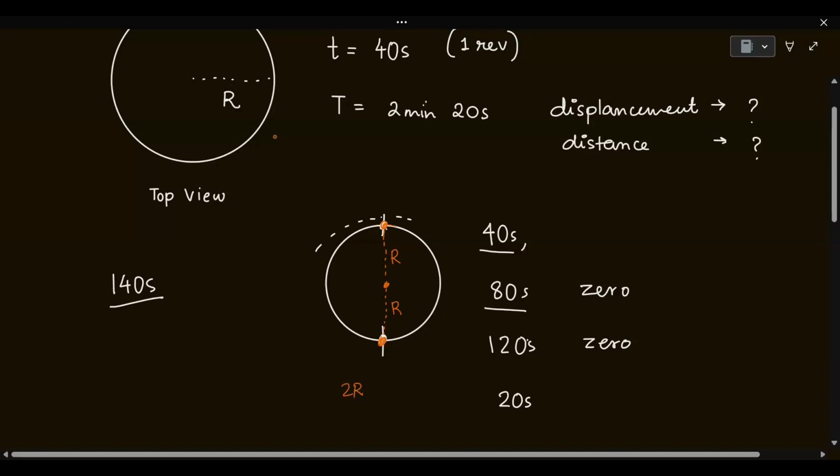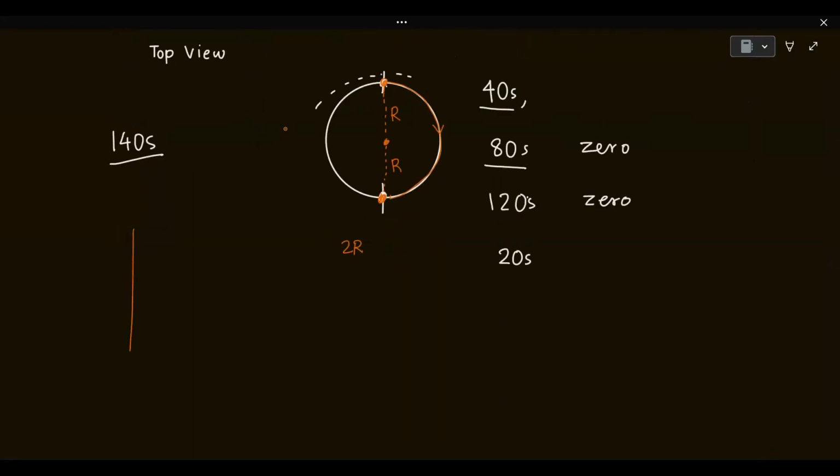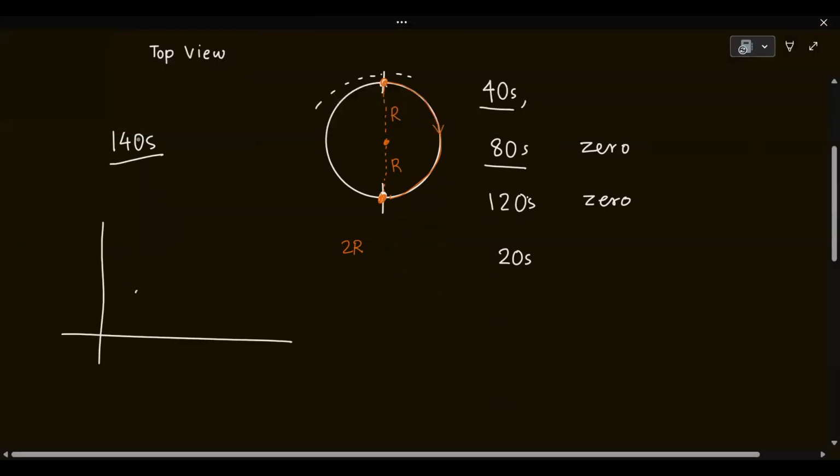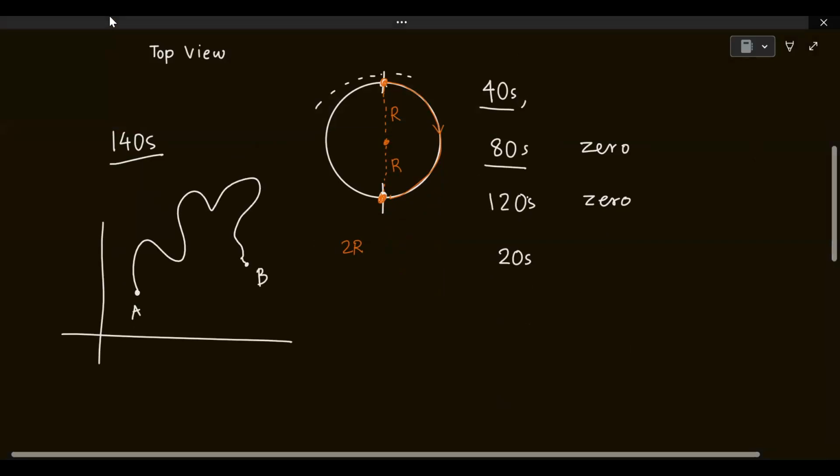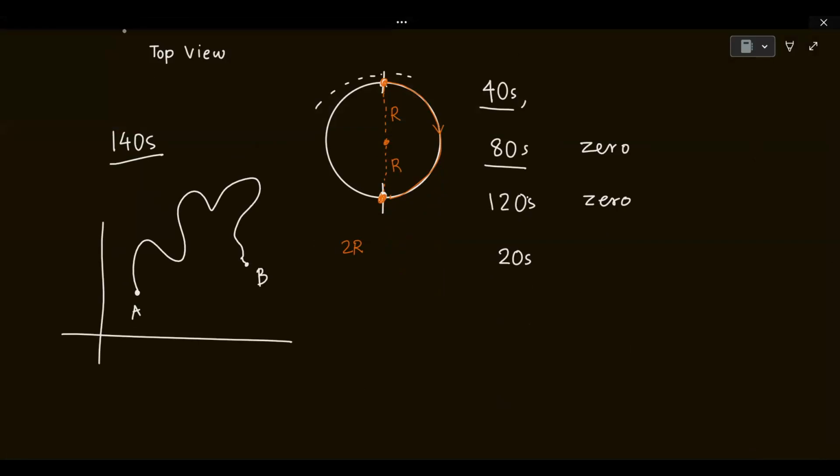Guys, this is not displacement. Don't think this is along the path, sir. That is not true. Whenever we define displacement, I'll tell you this. For example, a body went from A to B along this path. How do you find out displacement in this?